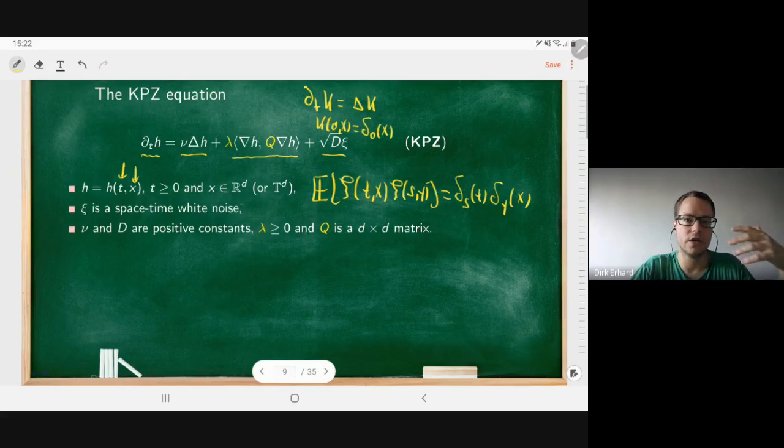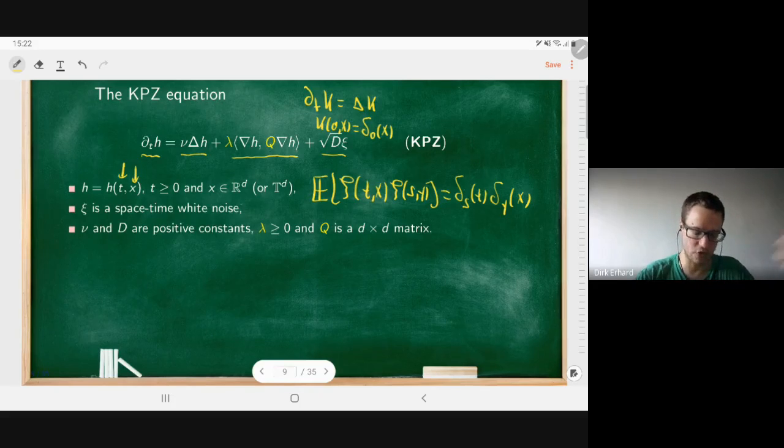So in particular, from a probabilistic point of view, it's a very nice object, because everything is Gaussian, so we have a lot of experience with it, and everything is independent. So that's the noise term.